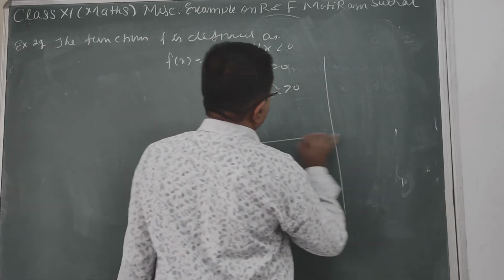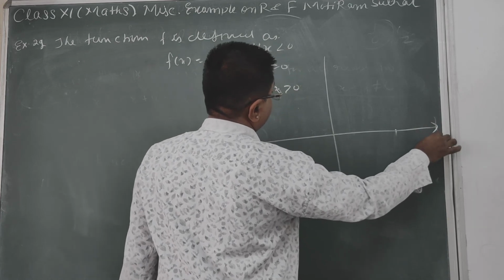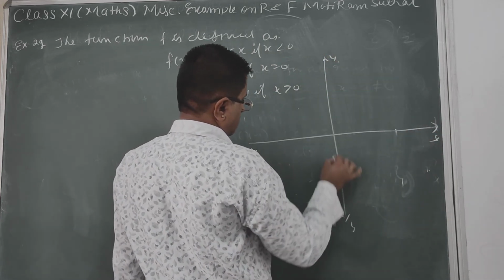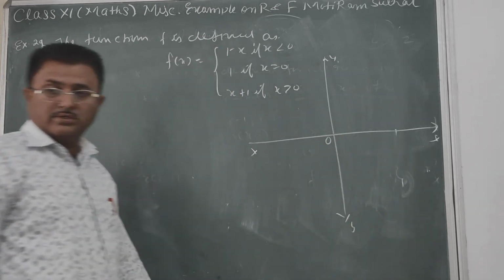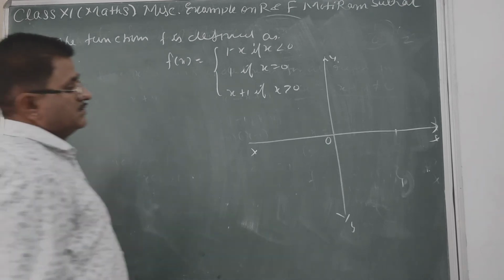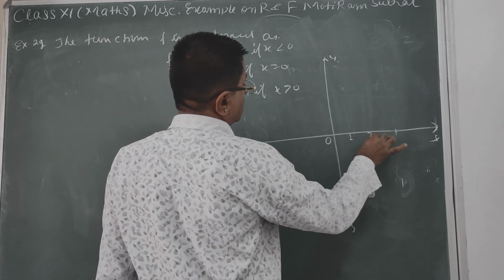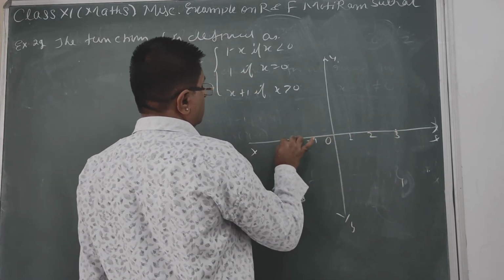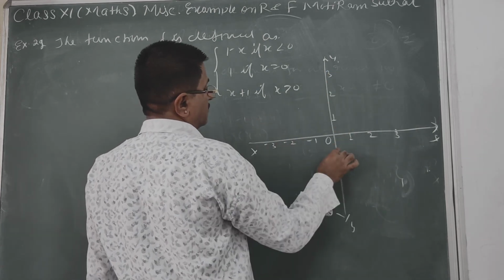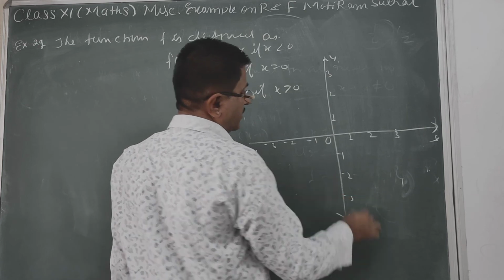तो यहाँ x की वैल्यू ले लेंगे हम, ये x एक्सिस, this is y, right। So you can put the points 1, 2, 3, -1, -2.